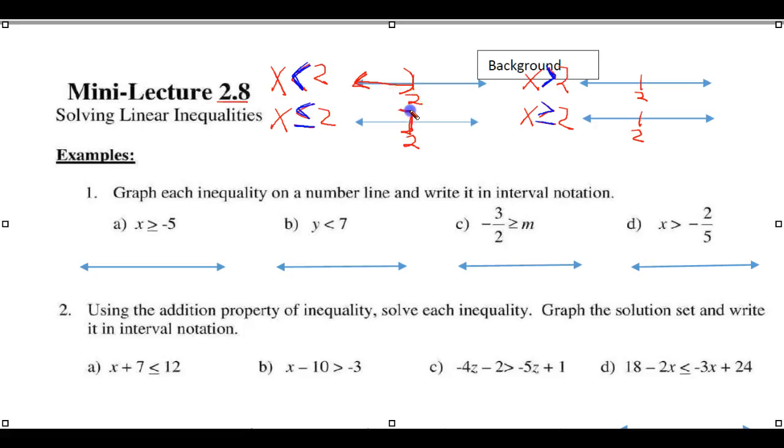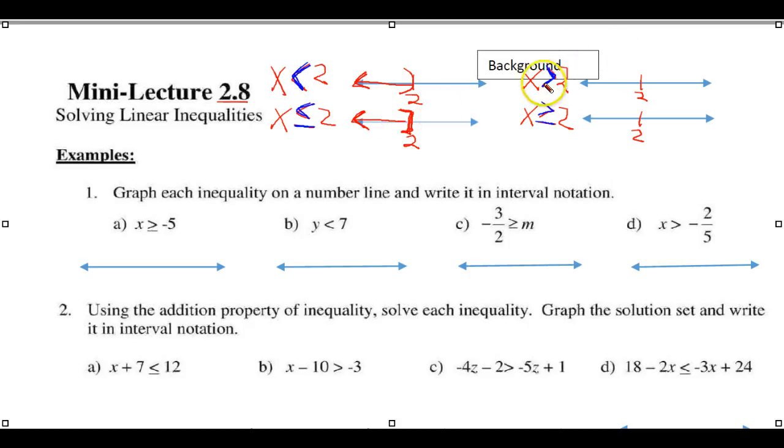And that's the major difference. And otherwise, it's the same. So x is less than or equal to. The bracket indicates that the 2 is a member of that set.